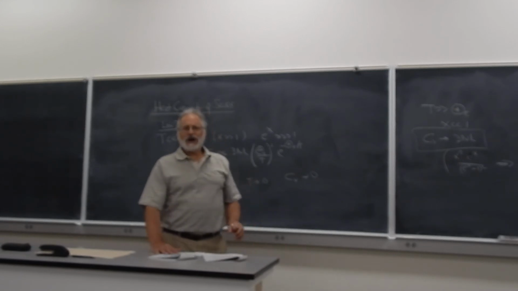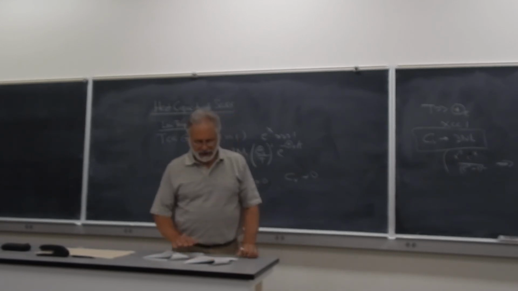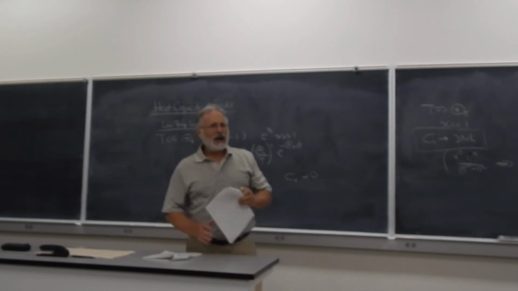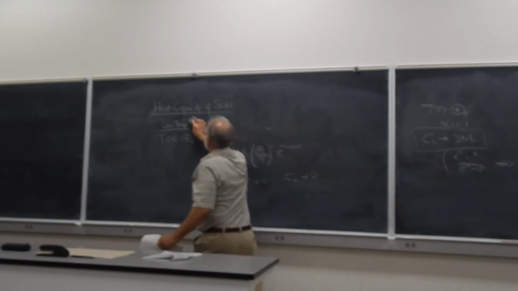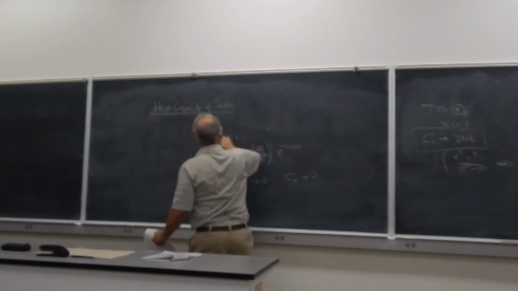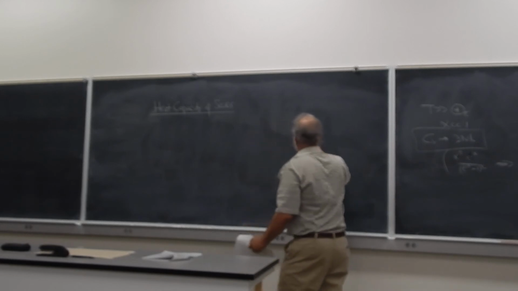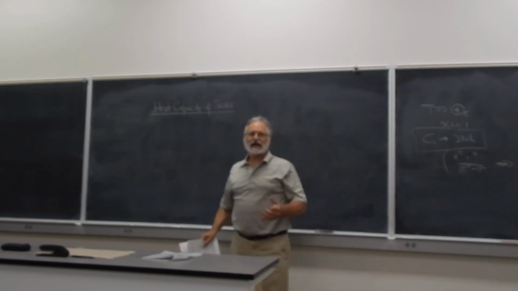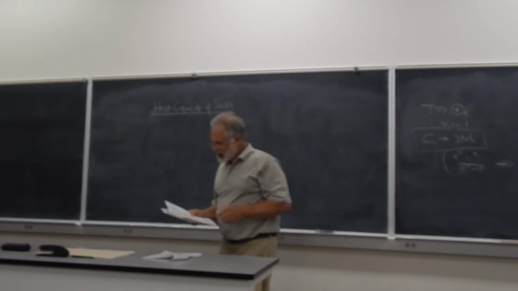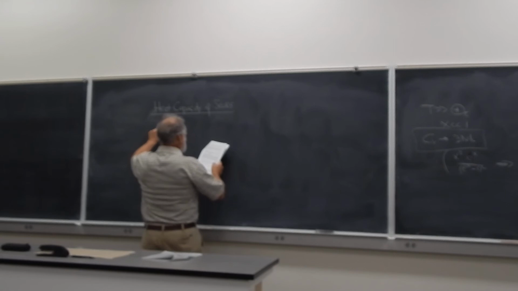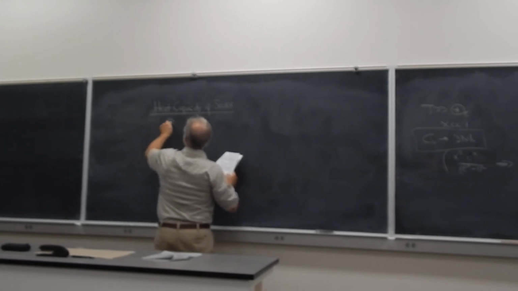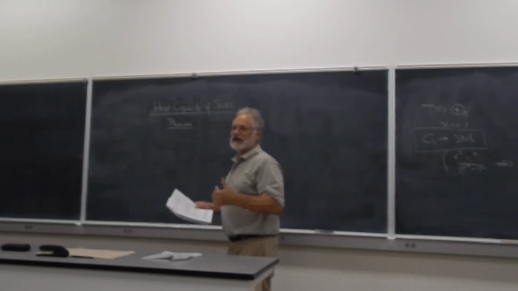A couple of things I want to talk about, though, before we get there. First, when we talk about these oscillators, I mentioned this term before, but I want to bring this up again. Particularly those who are going to study solid state physics or condensed matter physics, we often call these oscillators phonons, akin to the electromagnetic equivalent of photons.